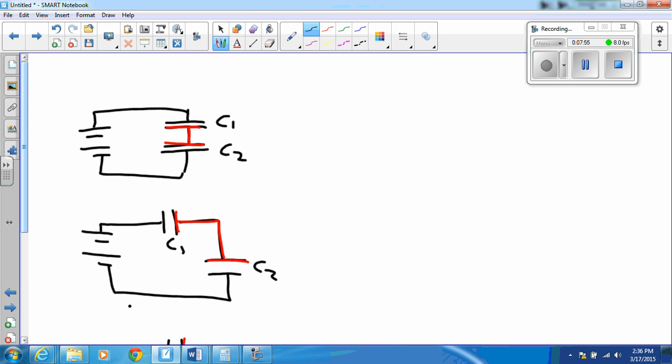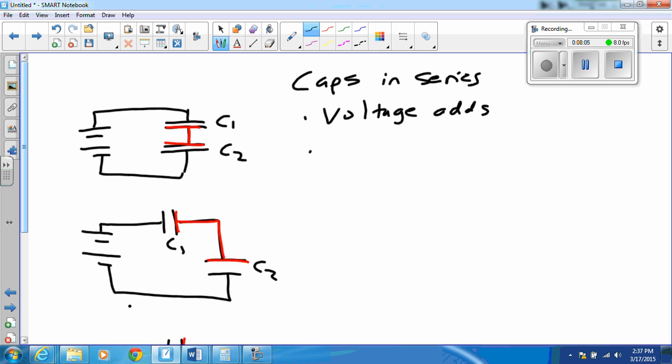Okay, so what did we say about capacitors in series? Voltages add, yep, and charges are the same. Good. Very good. So instead of writing Q1 and Q2 here, I'd write Q for both.